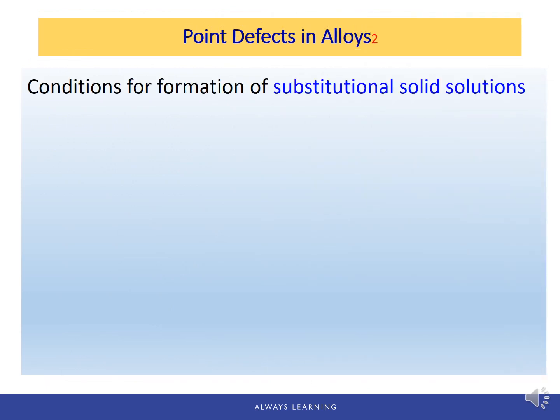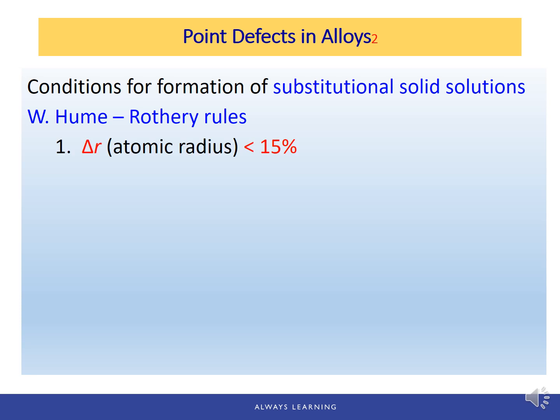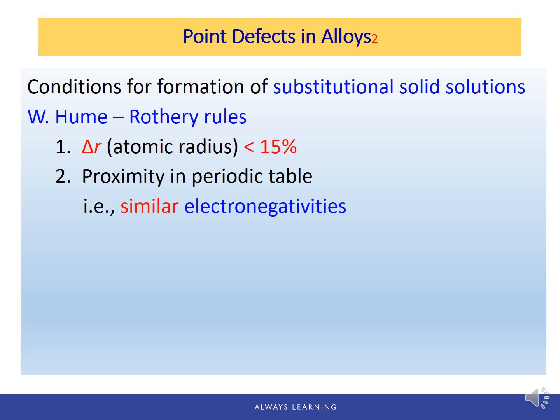To form substitutional solid solutions, the solvent and the solute atoms should satisfy the Hume-Rothery rules. Rule number 1, the atomic size should be similar. The difference between the atomic radii should be less than 15%. And second, proximity in the periodic table, which means those two atoms should have similar electronegativity.